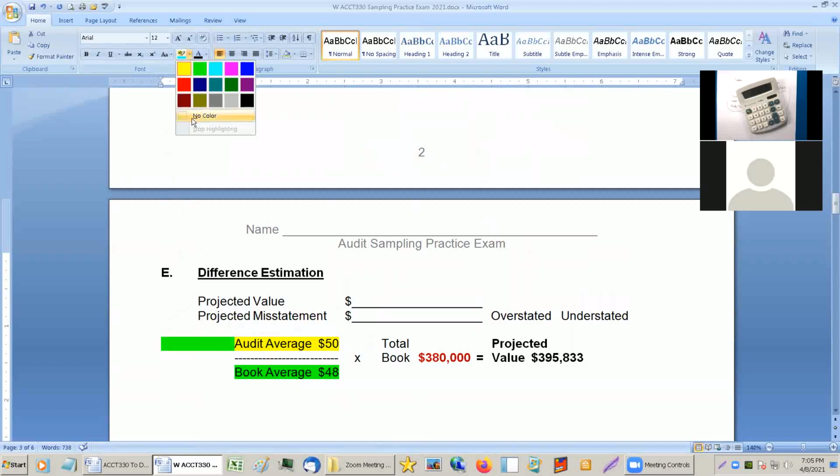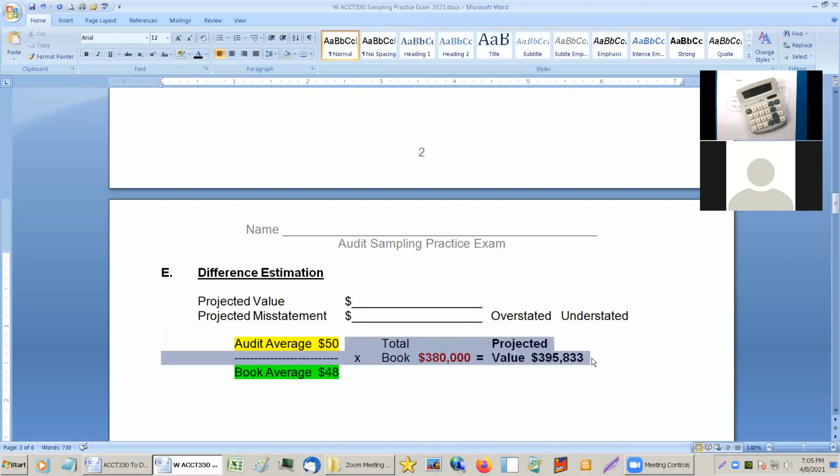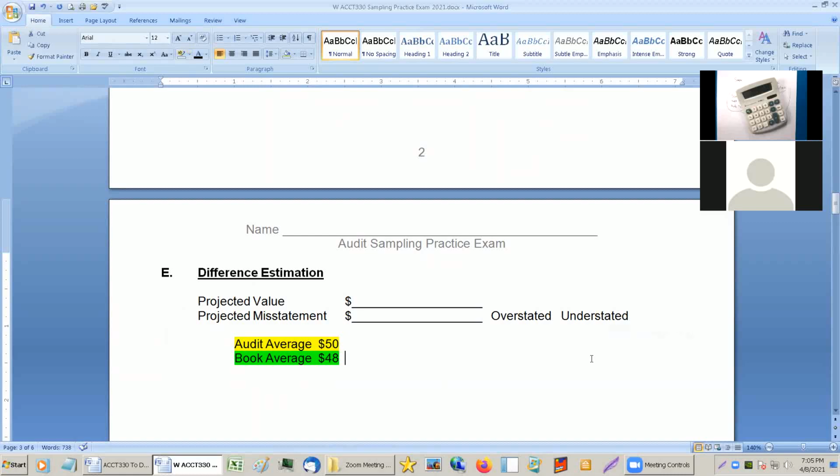I think I probably end up wasting time. So you take the audit average minus the book average, and you'll get a difference.